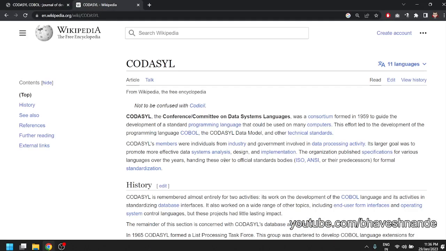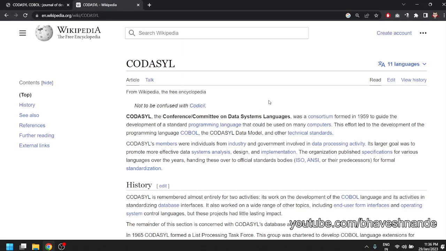CODASYL, the Conference on Data Systems Languages, is a consortium formed in 1959 to guide the development of a standard programming language that could be used on many computers. This effort led to the development of the programming language COBOL, the CODASYL data model, and other technical standards.